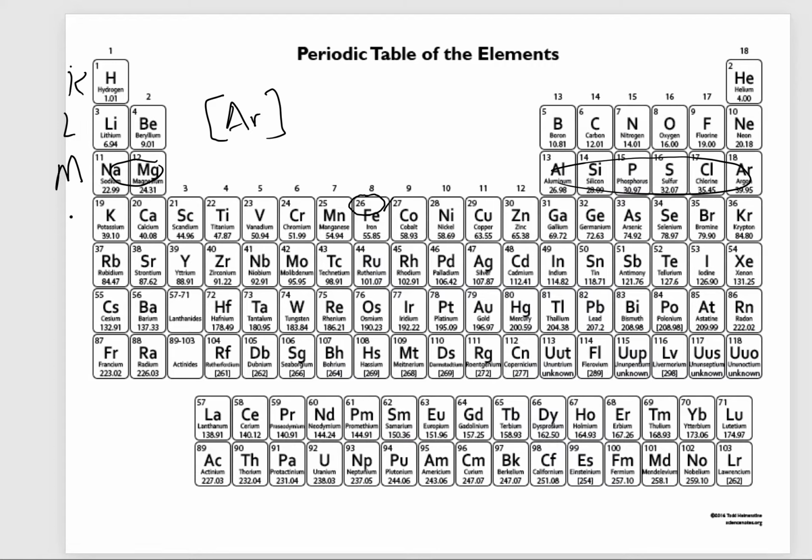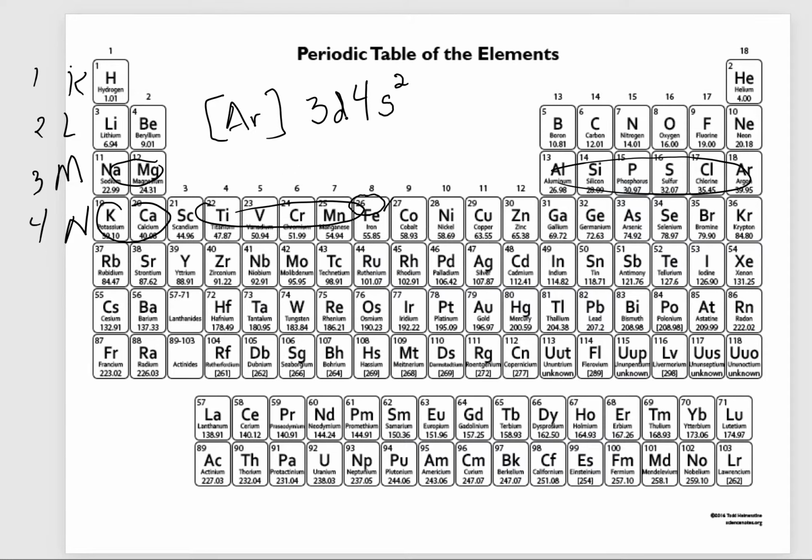And then for the N shell, and let's just number these, 1, 2, 3, and 4, we start filling in the 4s, then the 3d. Now here we're going to put the 4s last because that is the outermost shell, and we're going to put the 3d in here.